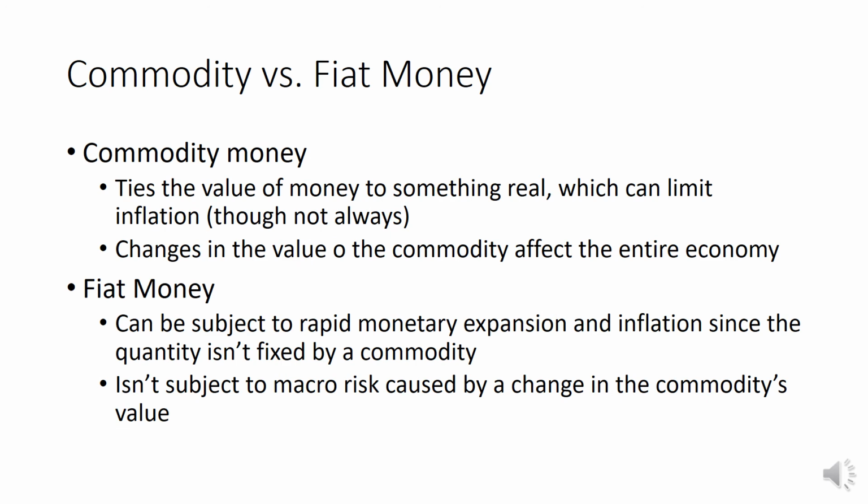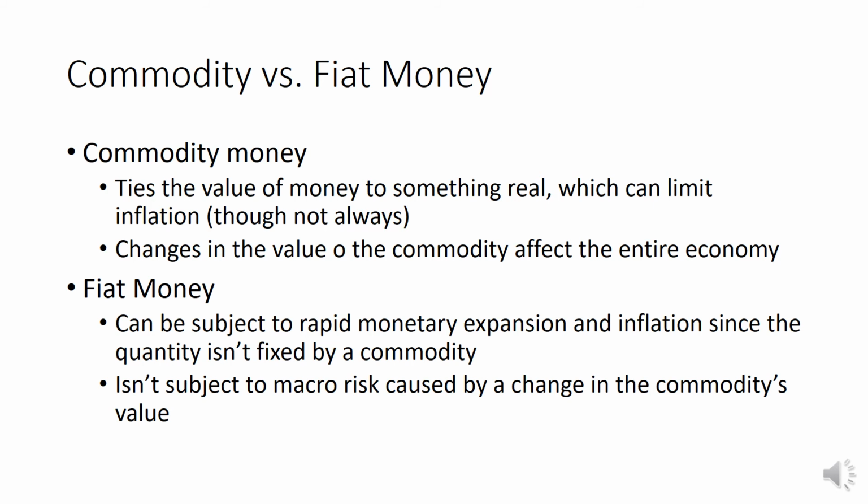So let's compare commodity money versus fiat money. Commodity money ties the value of money to something real, which might limit inflation, though certainly not always. As such, changes to the value of commodity money will affect the entire economy.